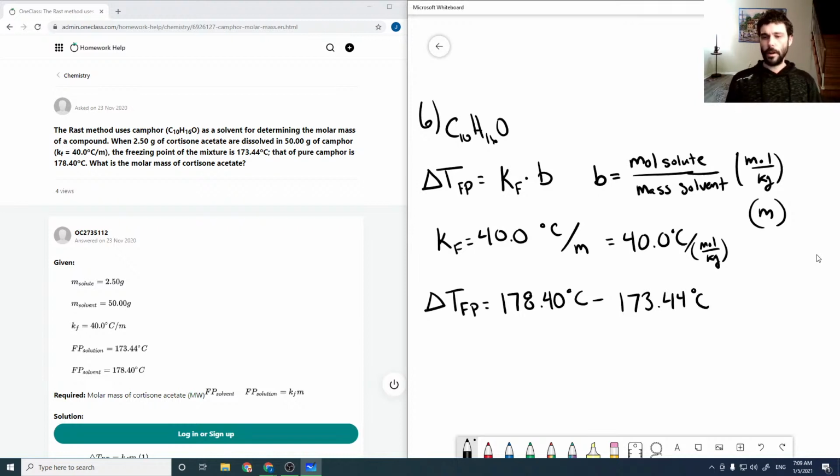That's how much our freezing point dropped by, which comes out to be 4.96 degrees Celsius. So then 4.96 degrees Celsius is equal to 40.0 times b.